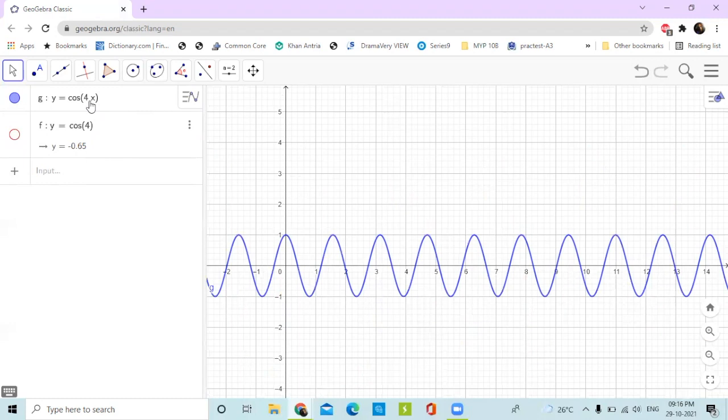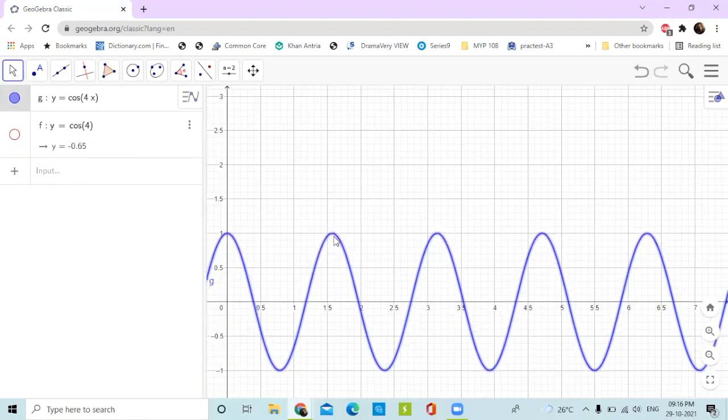The b value is 4. To find the period, 2 pi divided by b, here 4, so 2 pi by 4 would be pi by 2. So one cycle would end at pi by 2, and here one cycle would be over at this point.